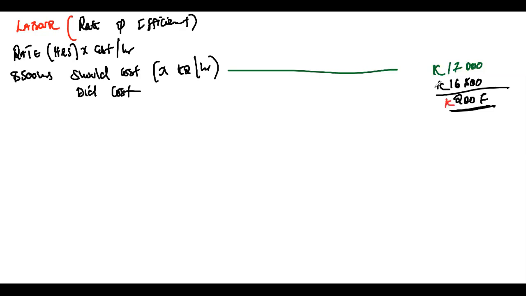What the examiner is also interested in is what makes a labor rate favorable. What do you think, Madam Emma? Why could the labor rate be favorable? We wanted to pay 17, but we ended up paying 16. What could be the reason? They could have used cheap labor.